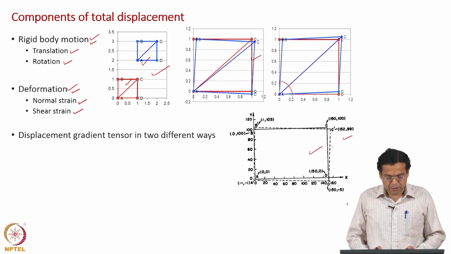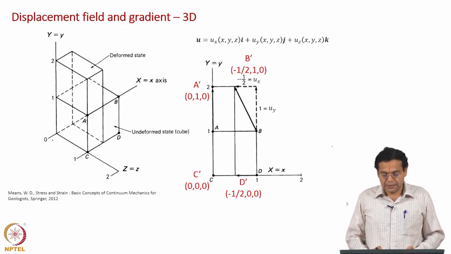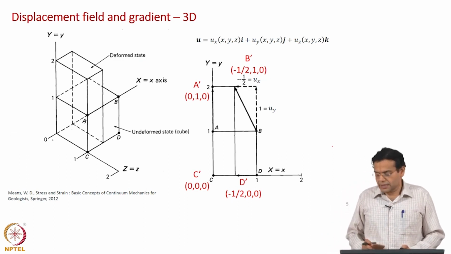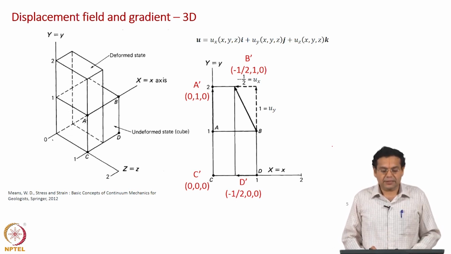Okay. Now, as a recall to the displacement gradient tensor, let us look at the example which we have discussed in the previous lectures. This example was taken to illustrate the displacement gradient tensor for a 3-dimensional case.